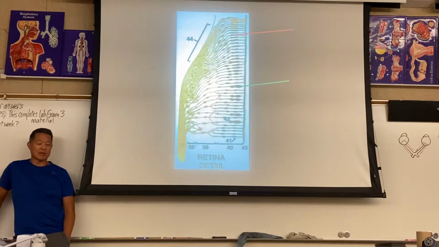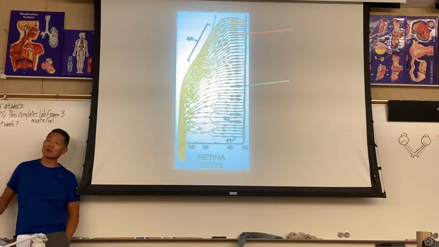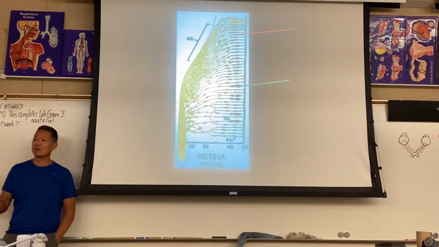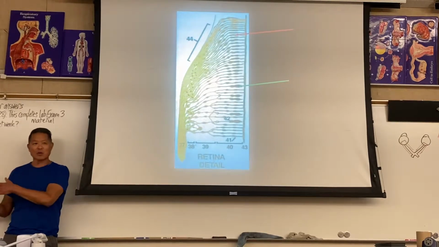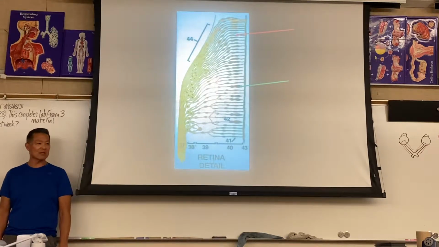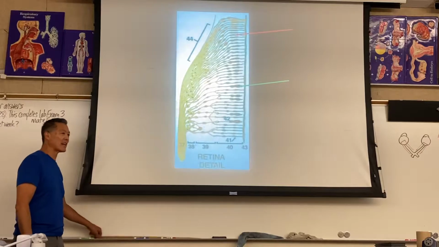Can anybody tell me what that means? Opposite of what you would expect. You have multicellular layers of the retina. You'd think the photoreceptors would be on the surface, pointed toward the lens where the light is coming from, wouldn't you? It's the opposite. This is the direction of the light.